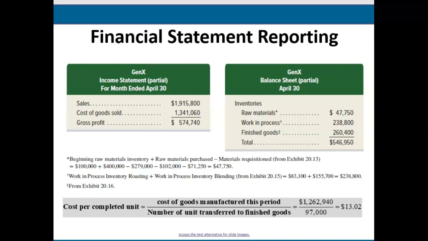This computation for Fit Mix is $13.02. The cost of goods manufactured for a process manufacturer equals the cost transferred from the last production process to finished goods inventory. GenX must set the price of Fit Mix high enough to cover its cost of completed units plus its selling and general and administrative costs in order to be profitable.